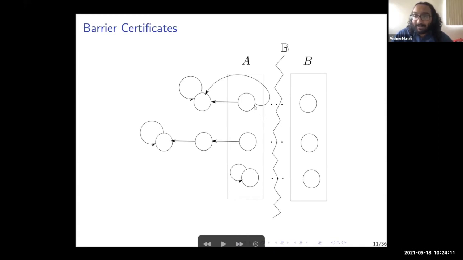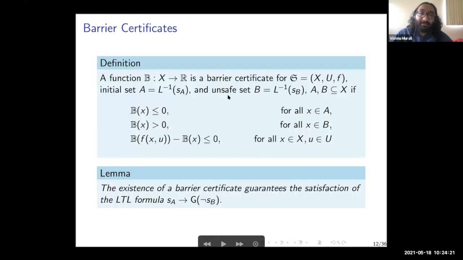Then, by a simple induction argument, we can infer that no trajectory of the system, starting from the initial set, reaches the unsafe set. Formally, a barrier certificate is a function which satisfies the following three conditions.